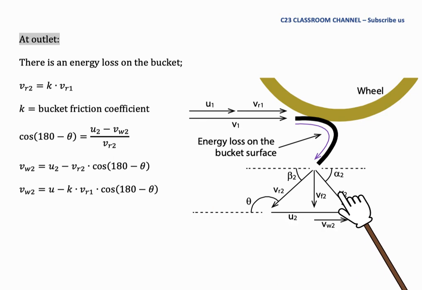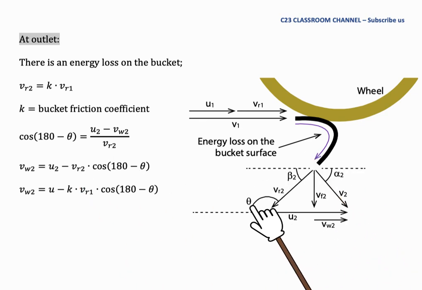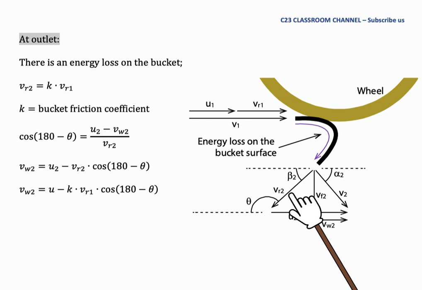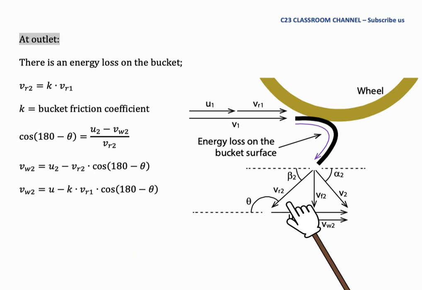And then from this velocity triangle, we could say that the angle here is theta, and the angle in this area is 180 minus theta. And for this angle, we could calculate cos of (180 minus theta) in this area is equal to U2 minus VW2 divided by VR2.